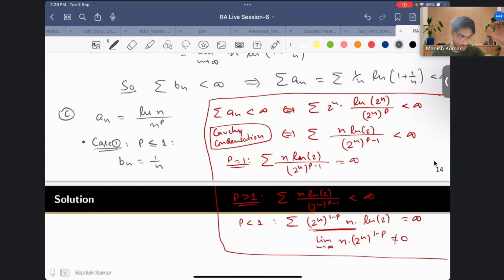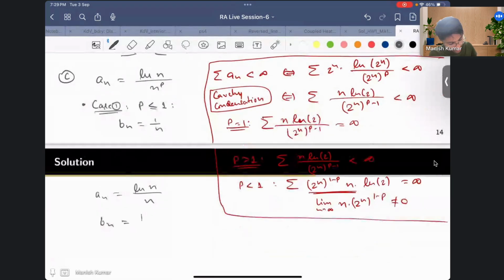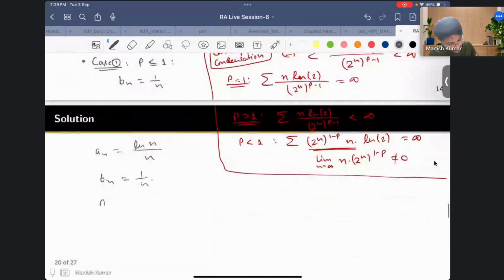Then you can clearly see when p is equal to 1, my an is ln n upon n. Clearly my goal would be to take bn to be 1 by n, so that when I do an upon bn, I'll get ln n, which is infinity.